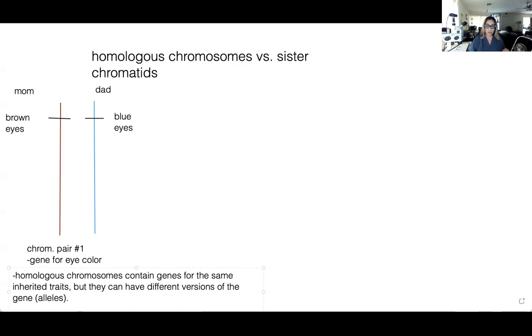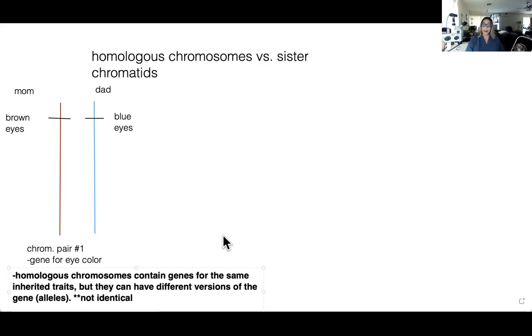Now, here's the super important part for you to remember. Homologous chromosomes are not identical, right? They code for the same trait, eye color, but they have different alleles, blue eyes versus brown eyes. So they are not identical.